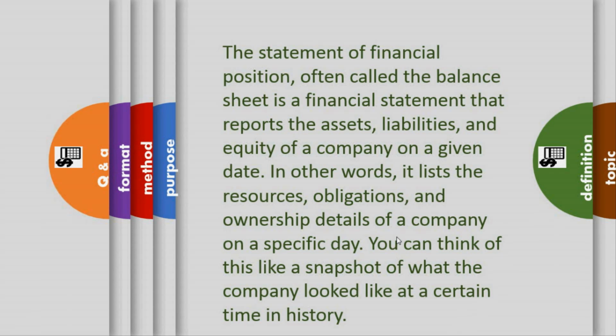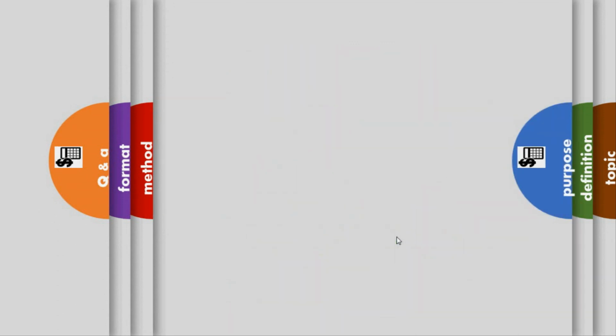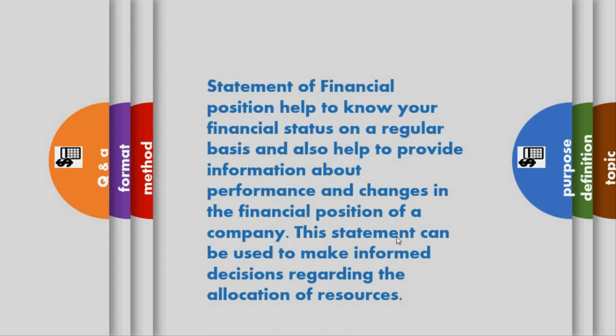After that, why do we need to prepare the statement of financial position? That means the purpose of the statement of financial position. So let's look at it. Statement of financial position helps to know your financial status on a regular basis and also helps to provide information about performance.